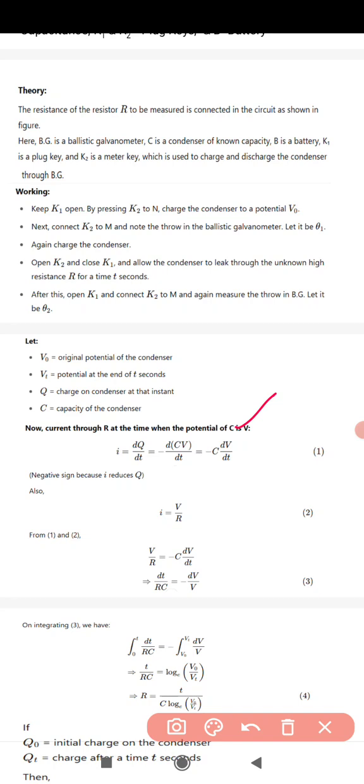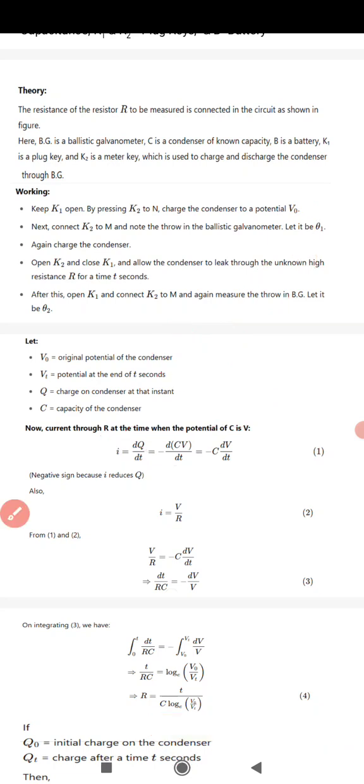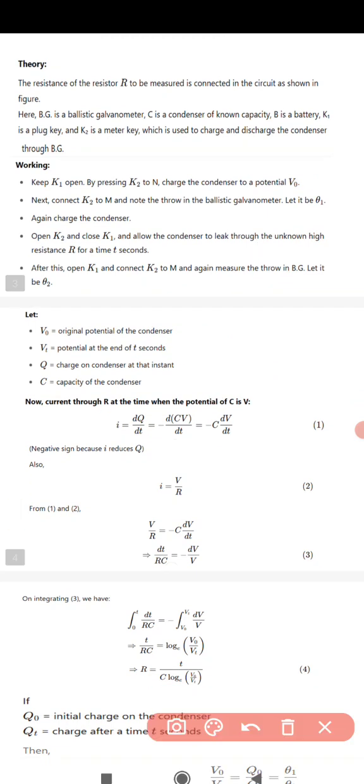Now the condenser discharges through R at the time when the potential is V. We know that I is equal to the rate of change of charge, dq by dt, and Q is equal to C into V. Substituting, since C is constant, we get minus C into dV by dt. The negative sign is because the charge reduces, so the current reduces with charge.